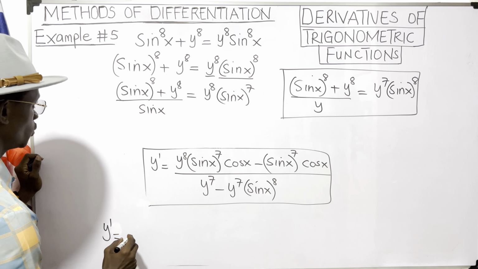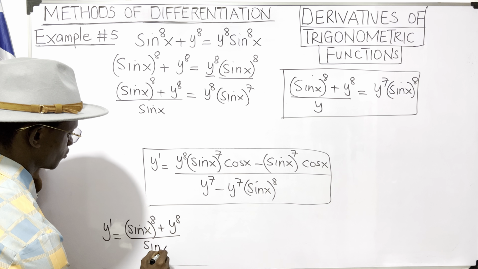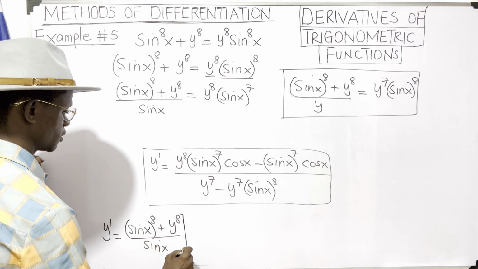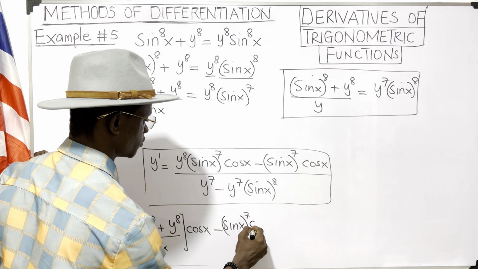So we're going to have sine of x raised to the 8th power plus y raised to the 8th power all over sine of x times this cos of x minus sine of x raised to the 7th power. We are not replacing this, we're just rewriting it.